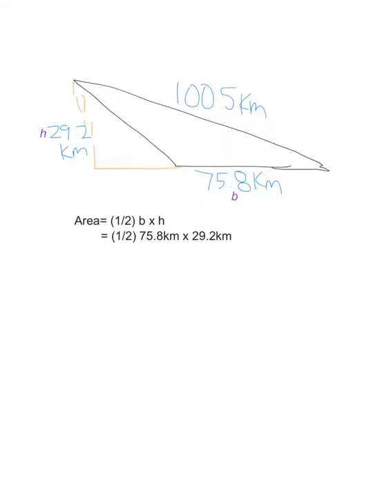To find half of 75.8, you can do 75.8 divided by 2, and that'll give you 37.9 kilometers. Now you multiply that by 29.2, what do you get for the area of this triangle? The answer would be 1,106.68 kilometers squared. That is the area of this triangle.